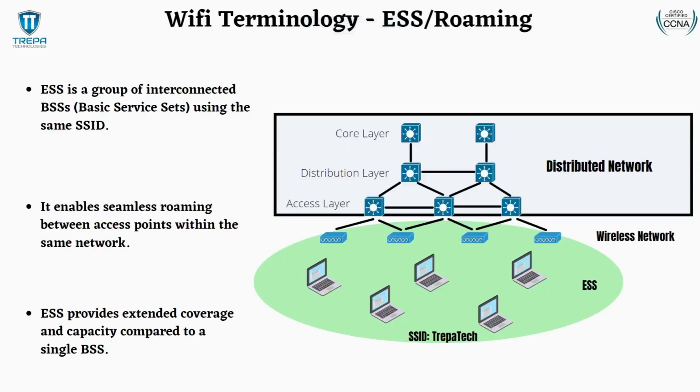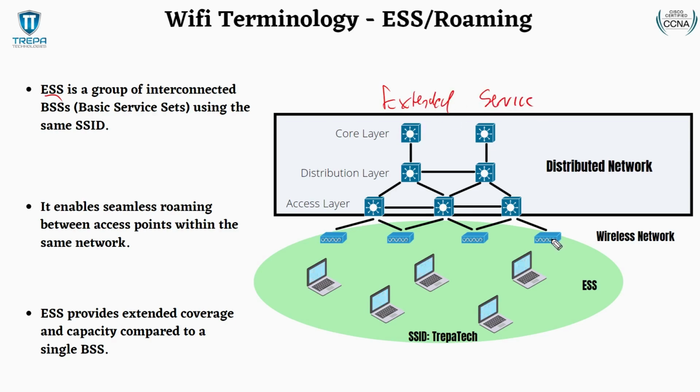So this is what I was telling you before, when we do that lightweight deployment, and then we have all of our access points advertising the same SSID, and they're enabling some 802.11 functions that got configured from the controller, where it's basically an interconnected group of BSSs, basic service sets, that allow you to have what's called an ESS, extended service set.